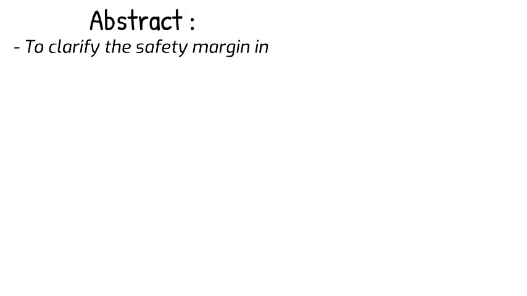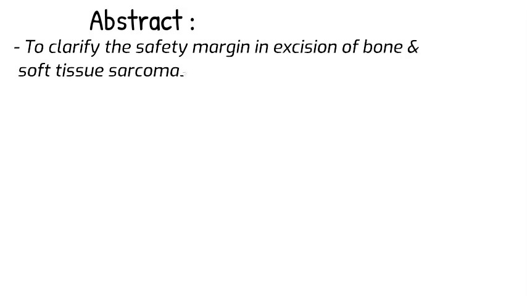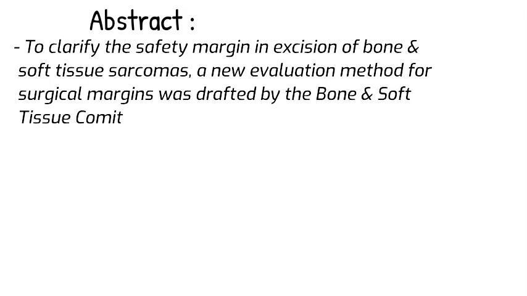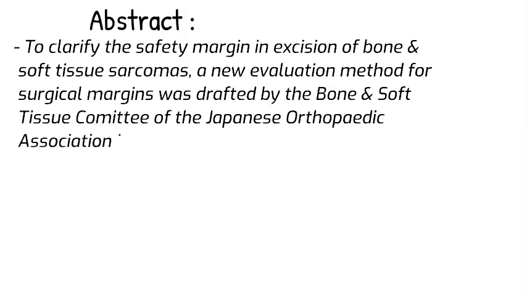Abstract. To clarify the safety margin in excision of bone and soft tissue sarcomas, a new evaluation method for surgical margins was drafted by the Bone and Soft Tissue Committee of the Japanese Orthopedic Association in 1989.